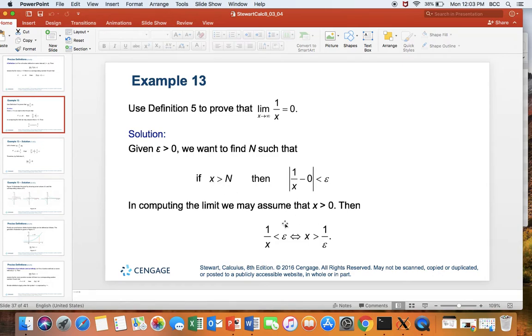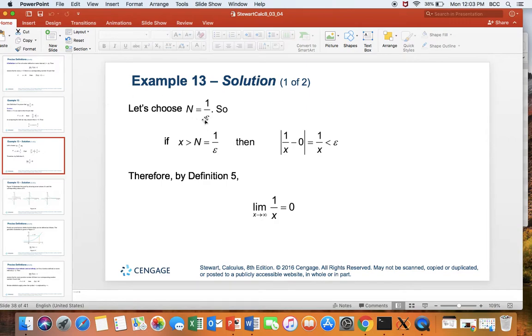If x is greater than 1 over epsilon, then absolute value 1 over x is less than epsilon. Okay, that's how you find an N. So N equals 1 over epsilon. If x is greater than N, then absolute value 1 over x minus 0 is less than epsilon. Therefore, by definition 5, you get the result you need.